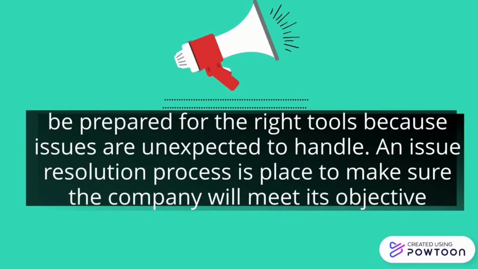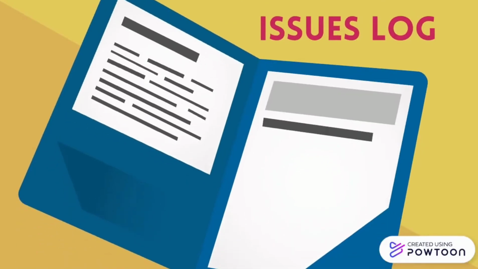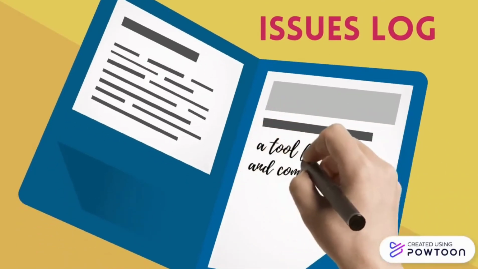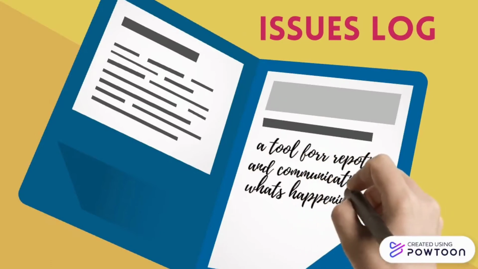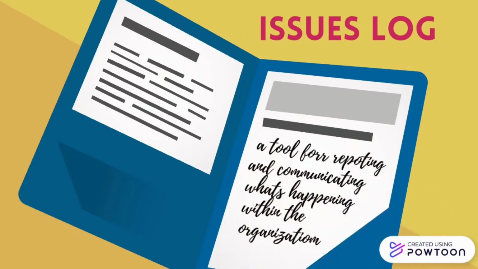One of the most helpful tools is the issues log. An issues log is a tool for reporting and communicating what's happening within the organization. This makes sure that issues are indeed raised and then investigated and resolved quickly and effectively.